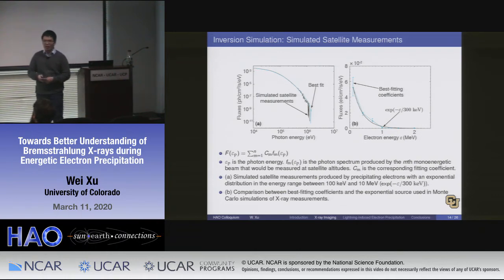The fitting coefficients tell us the number of precipitating electrons in different energy beams, and these are shown as the sine curve here. We see that the weighted sum of monoenergetic beams can very well explain the simulated measurements, and the best fitting coefficients are pretty close to the true source we used in Monte Carlo simulations.